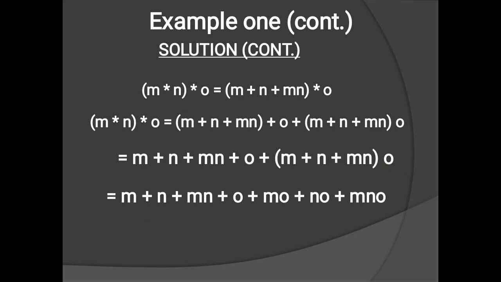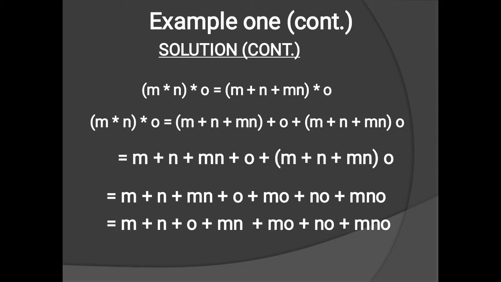All right. So m plus n plus mn plus o is repeated over here. Then o times m is mo, o times n is no, then o times mn is mno. Alright, so we just group them. So m, n, o. See, m comes before n before o, so I group them in that order.